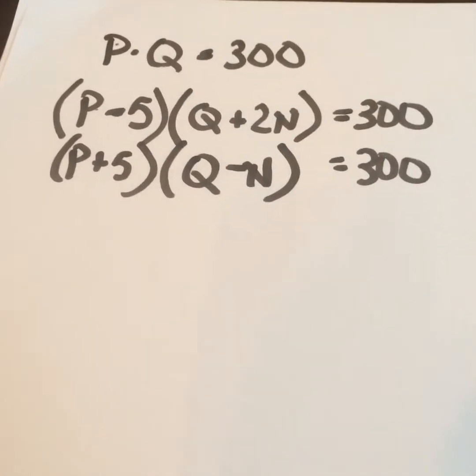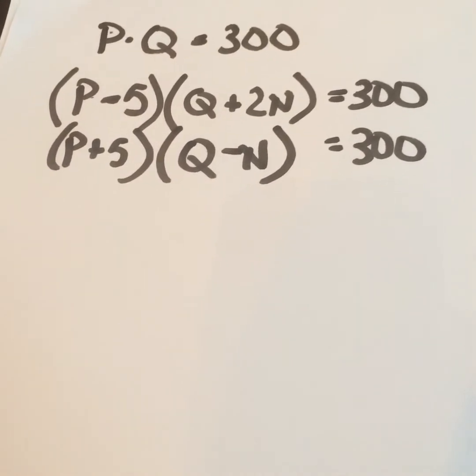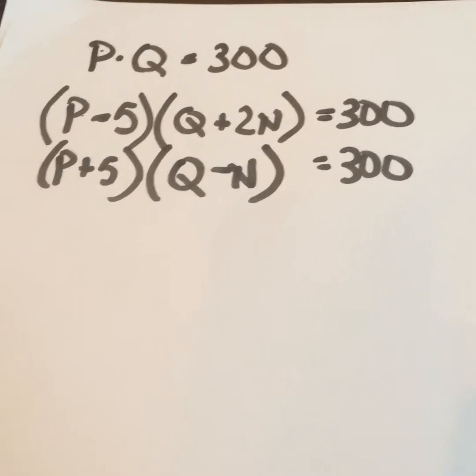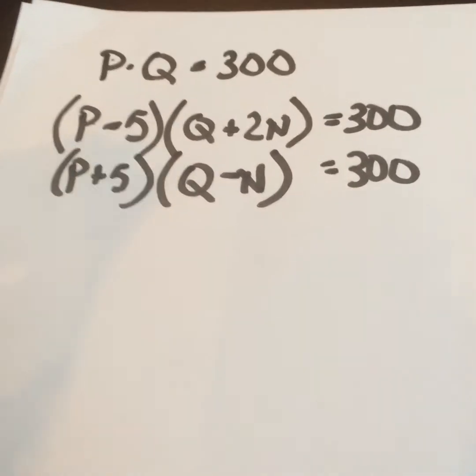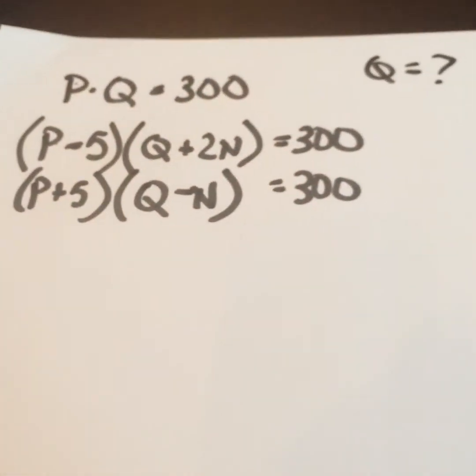So we've got 3 equations right now. We happen to have 3 unknowns, so we should recognize that with this information we should be able to come to a conclusion, remembering we're looking for what is Q.